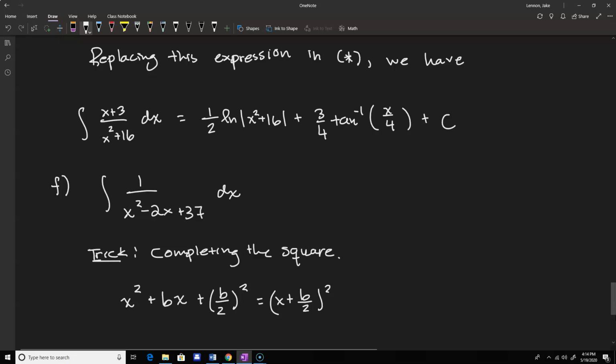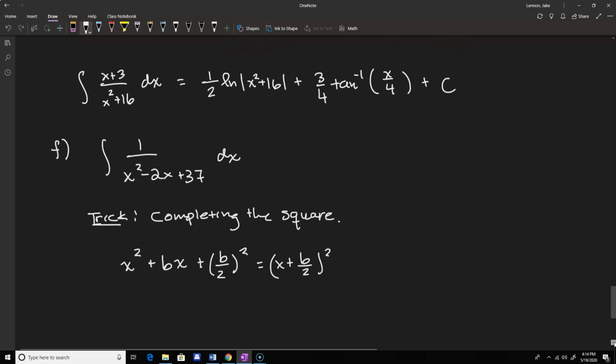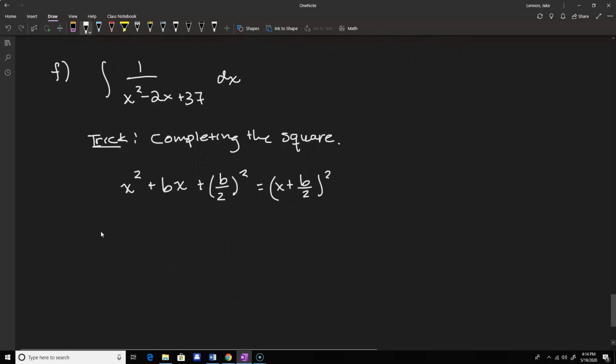So in the above example, we could look at the first 2 terms of the denominator. So x squared minus 2x, if we could add a term to it, what we'd want to add is 1, because x squared minus 2x plus 1 would factor into (x minus 1) quantity squared. Right? b is -2, so -2 divided by 2 squared is plus 1.